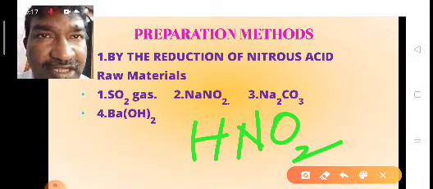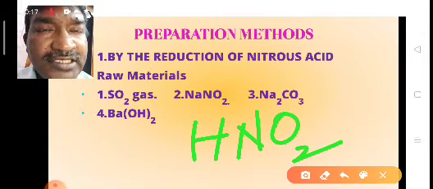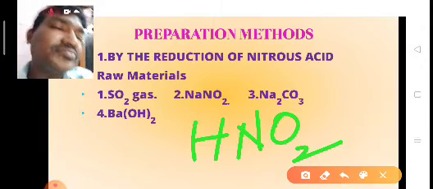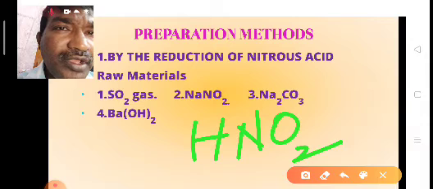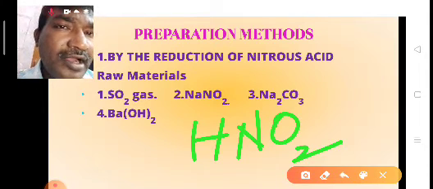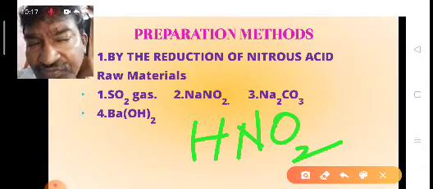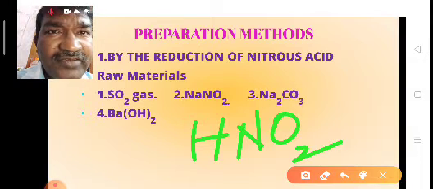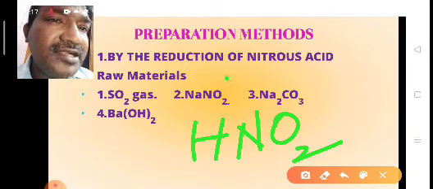But here we have to remember one thing, that nitrous acid does not exist at room temperature. It decomposes or disproportionates to give the nitric acid and nitrogen gas. So that's why we have to prepare the nitrous acid whenever we require by using sodium nitrite salts.